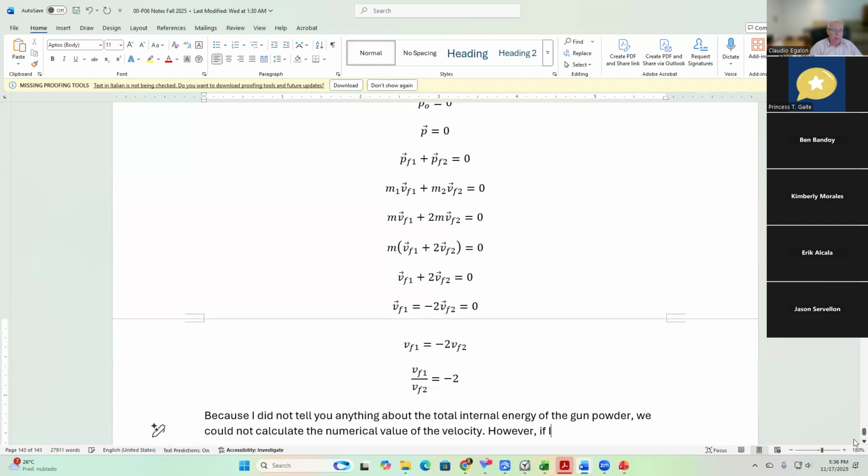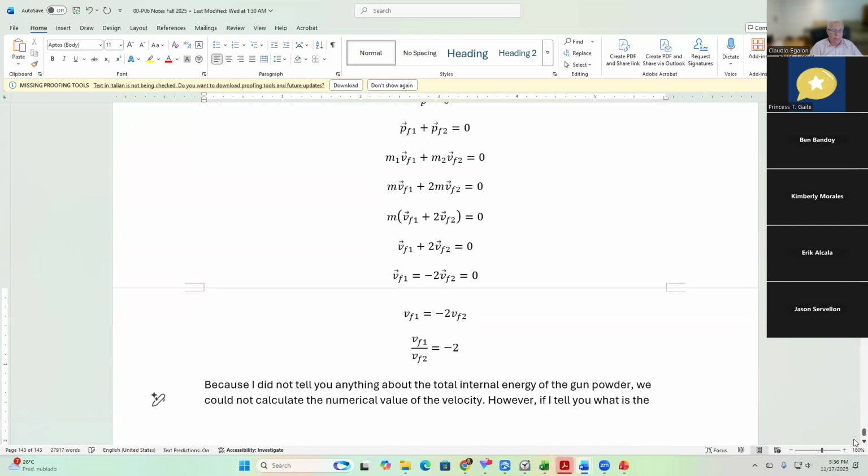However, if I tell you what is the internal energy that allows the two masses to move away from each other, we will be able to find an equation for the final velocity.